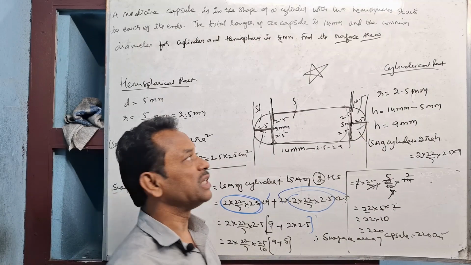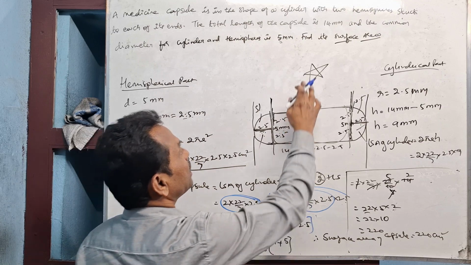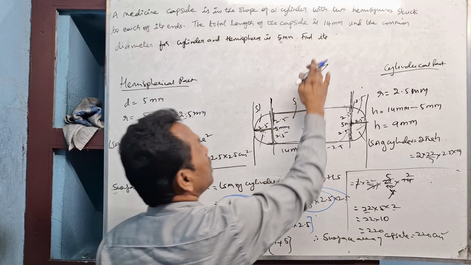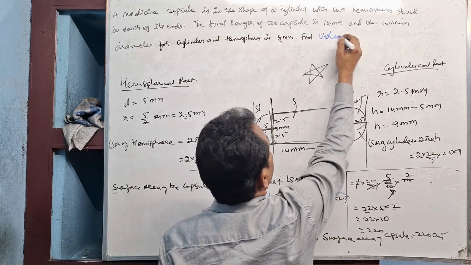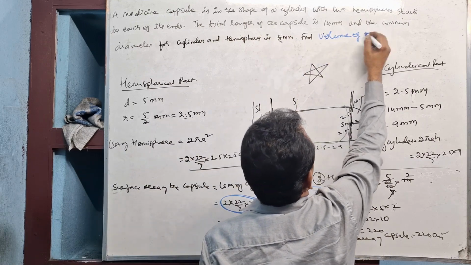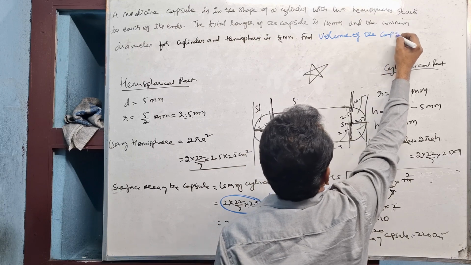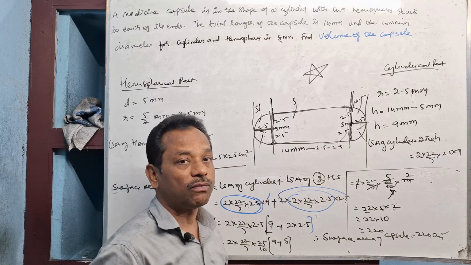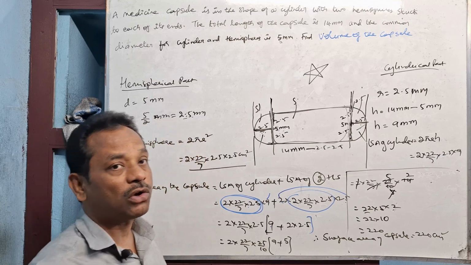Bacho, let me make some changes to this question. In the previous question, we found the surface area of the capsule, but here I want to find the volume of the capsule. So in place of surface area, I am taking volume. How to find the volume of the capsule?